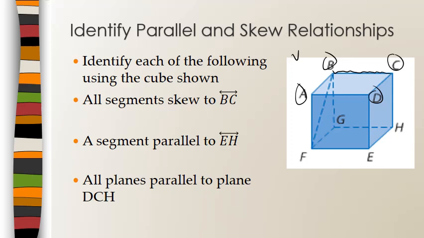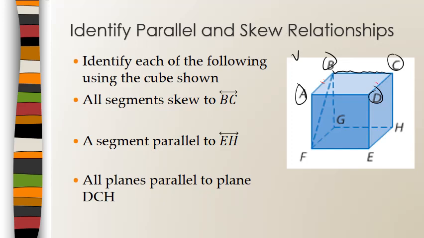Now, for a line to be skew, it's got to be lines that do not intersect but are not in the same plane. So let's see if we can identify some lines here that are not in the same plane and do not intersect with BC. Well, that's going to rule out AB, of course, and that's going to rule out DC.